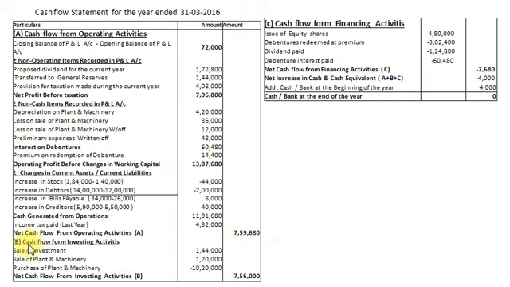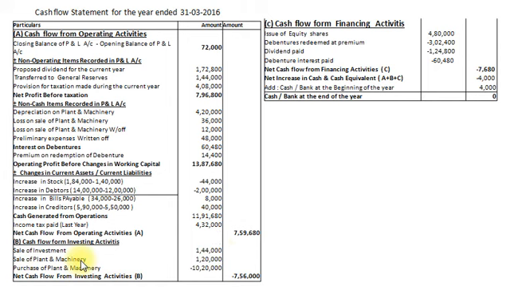Now we will see cash flow from investing activities. While calculating cash flow from investing activities, we will focus on non-current fixed assets, tangible and intangible, as well as non-current investments. So first, sale of investment will be recorded as plus item 1,44,000 cash inflow.